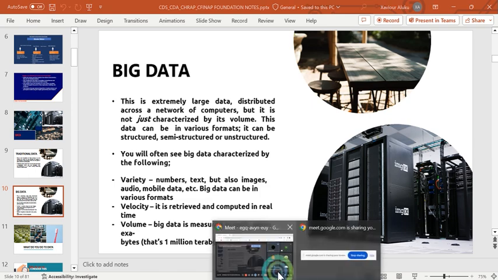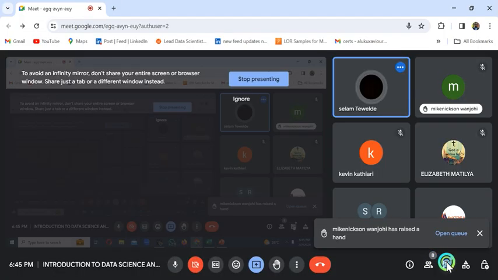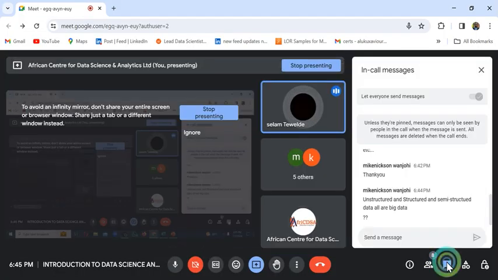Yes, but what I was trying to ask is, are all numerical values or text values considered to be unstructured data? Because you've just said that images and audio are considered unstructured data, right? Yes. So what about the text and the numerical values?